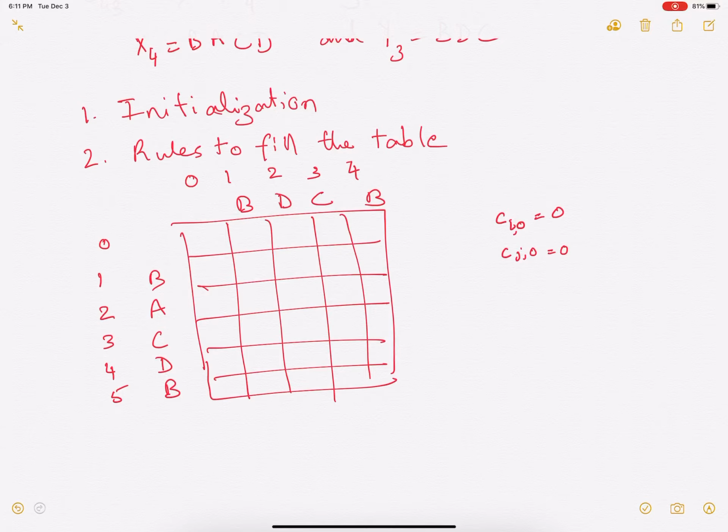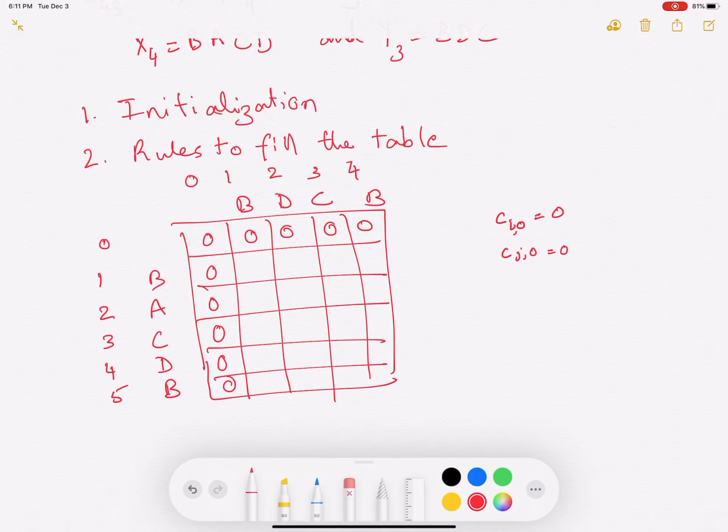So you'll have zeros here and you will have zeros here. Okay, so that's what we know.